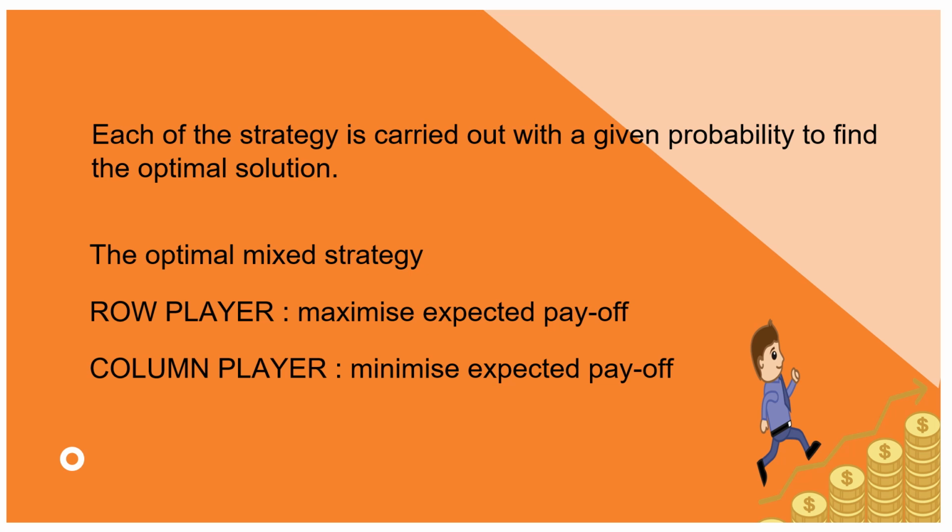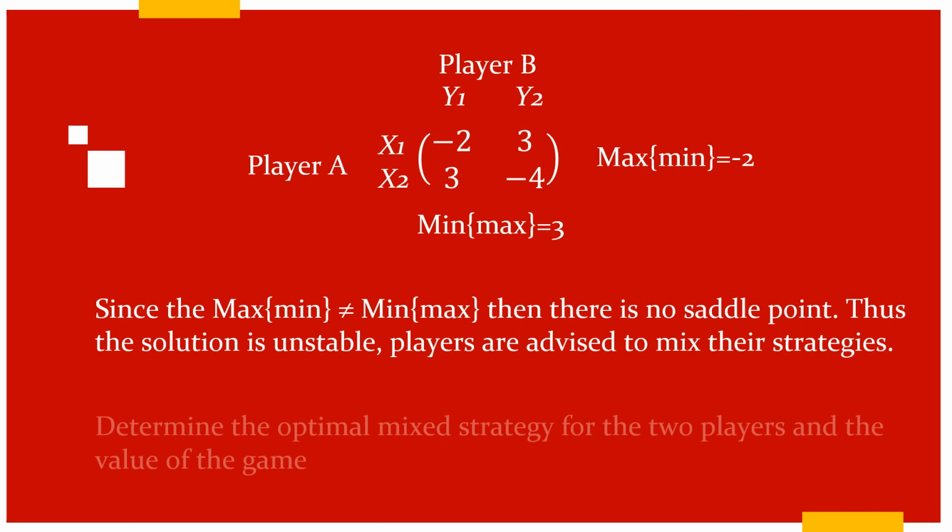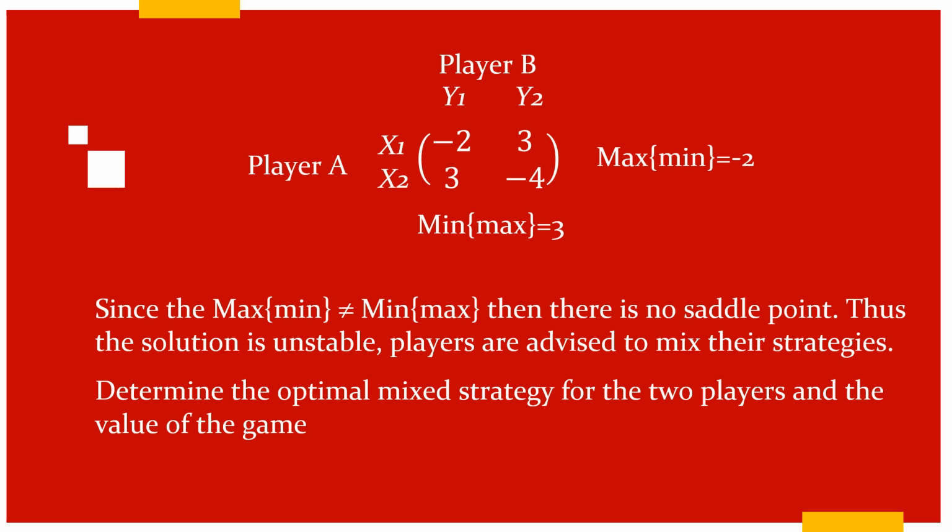The optimal mixed strategy for the row player is to maximize his expected payoff, and for the column player to minimize his expected payoff. So let's determine the optimal mixed strategy for the two players and the value of the game.